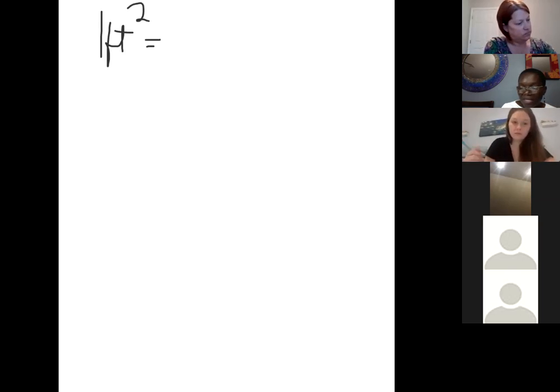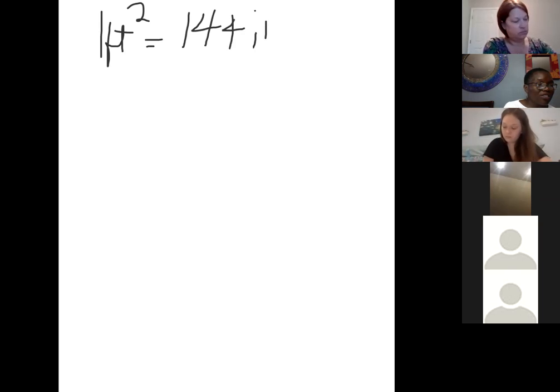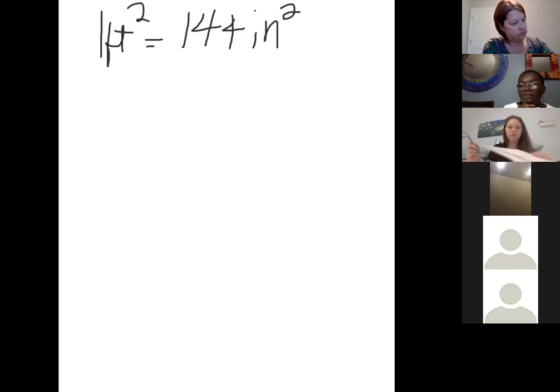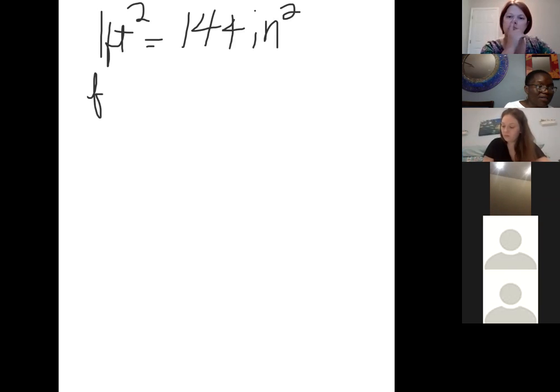1 square foot is equivalent to 144 square inches. Now, let's think about this. Why is 1 square foot 144 square inches? Well, in order to come up with square feet, we have to multiply foot times foot.